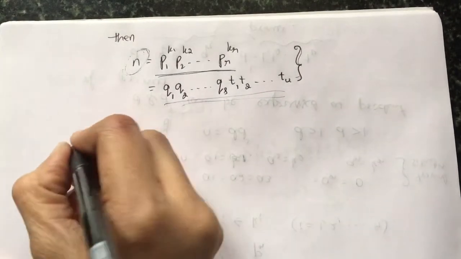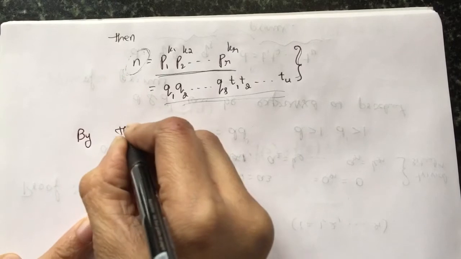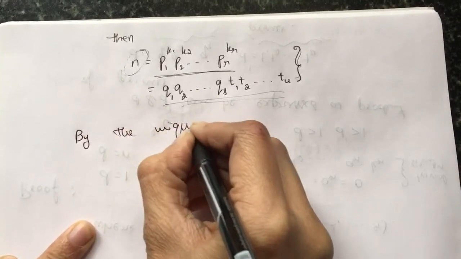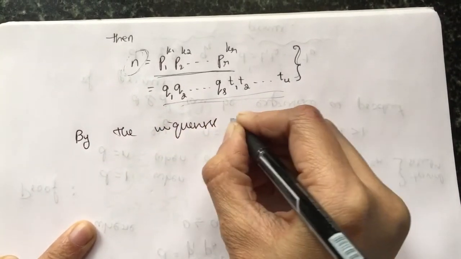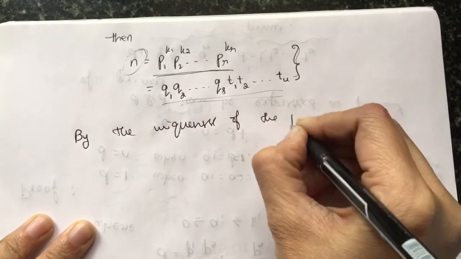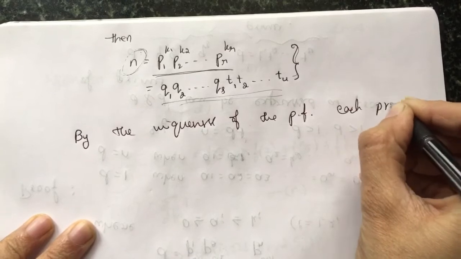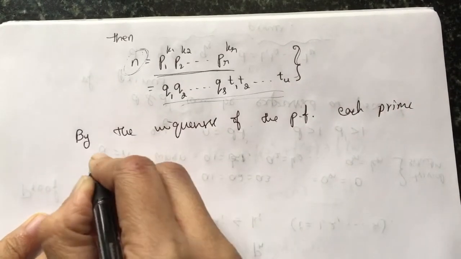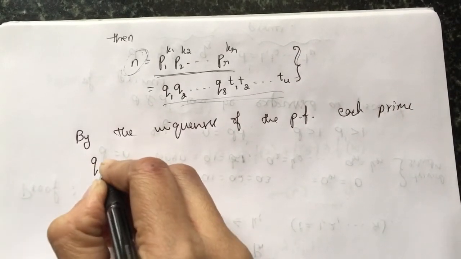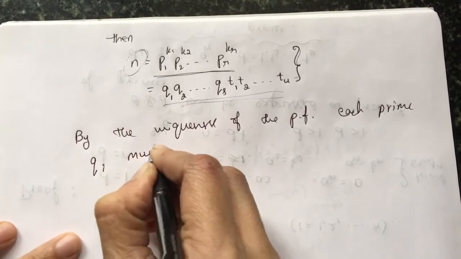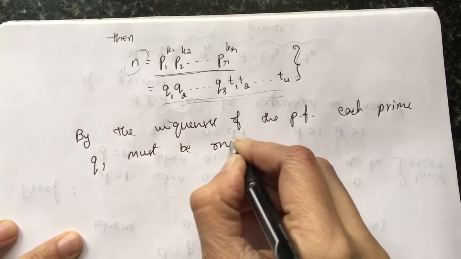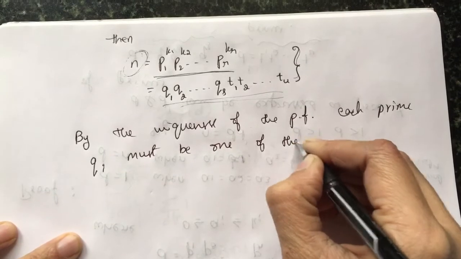So by the uniqueness of the prime factorization, each prime qi must be one of the pj.